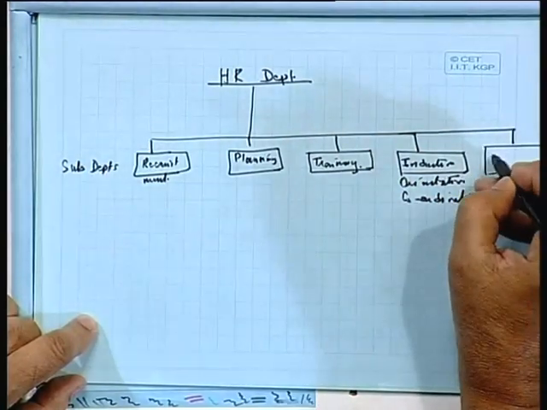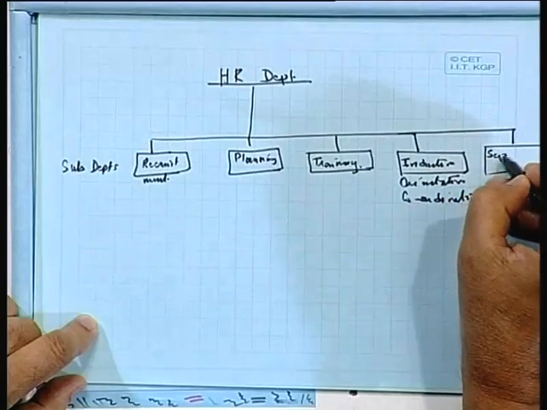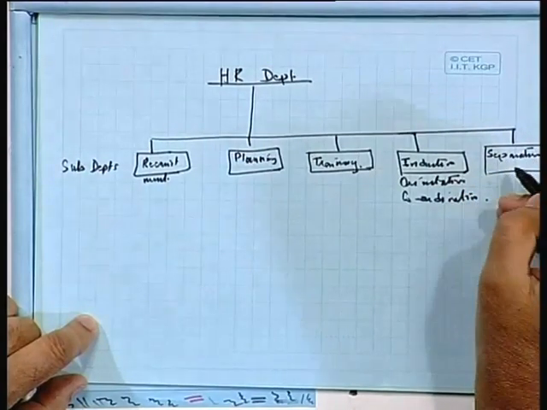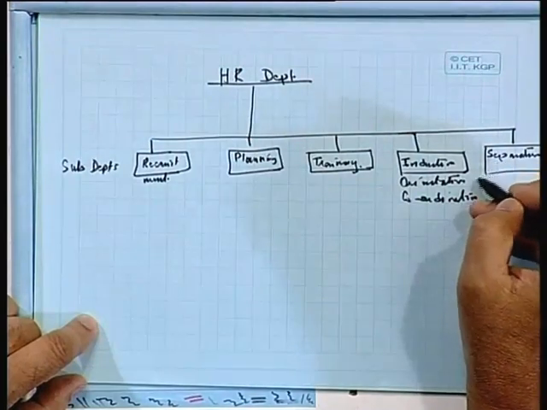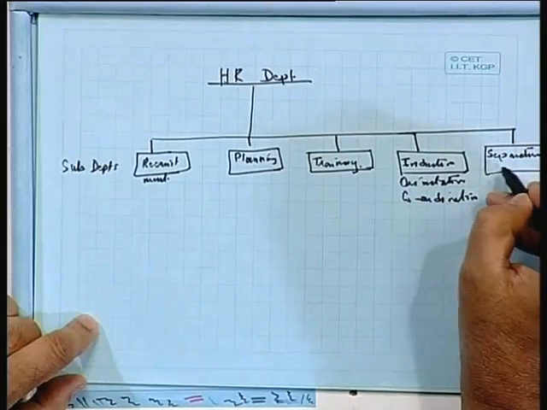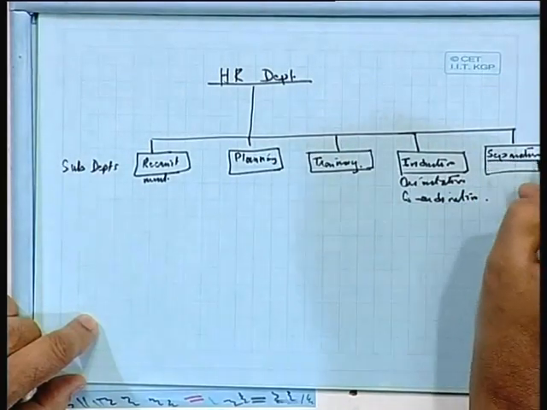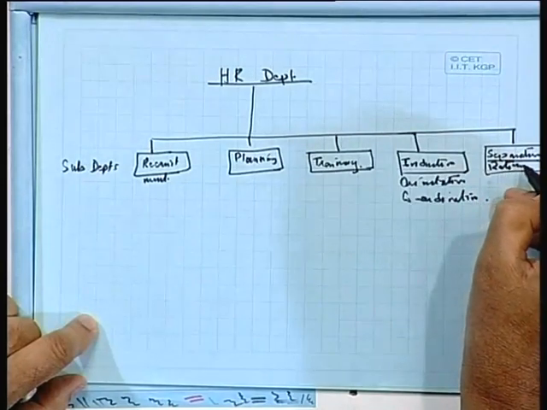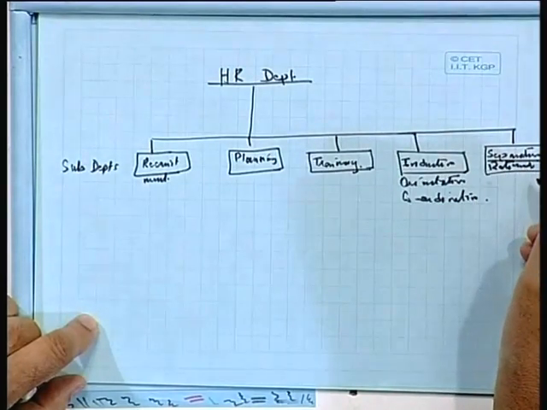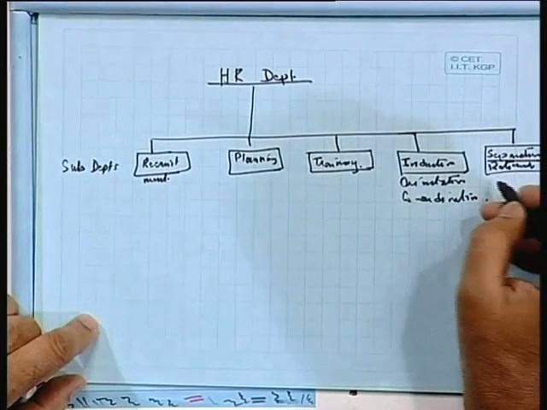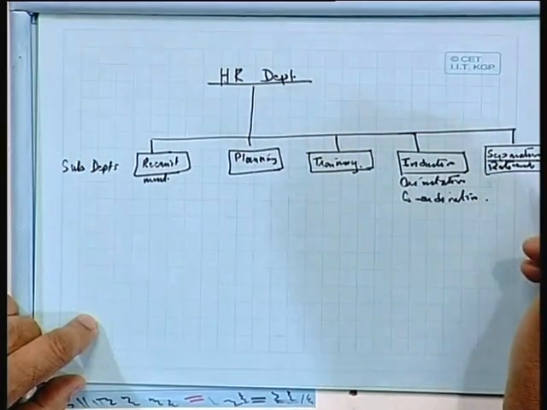Next will be, let us say, separations, those who retire, those who are deceased or those who resign. Separations, that is retirement. If people retire, they are given benefits, right? So, planning those benefits. If people die, again benefits are given.